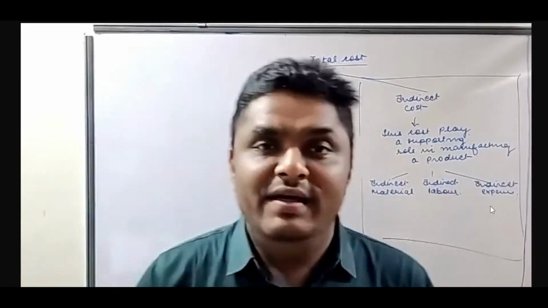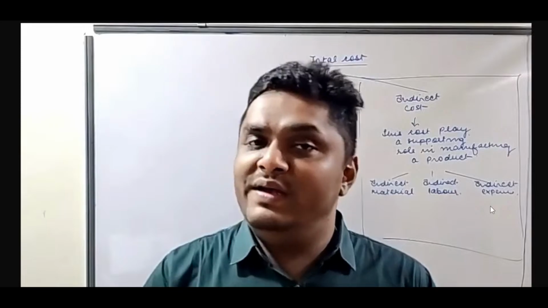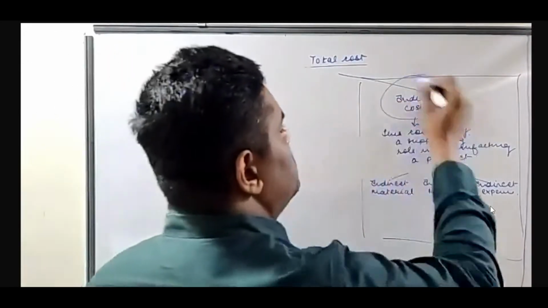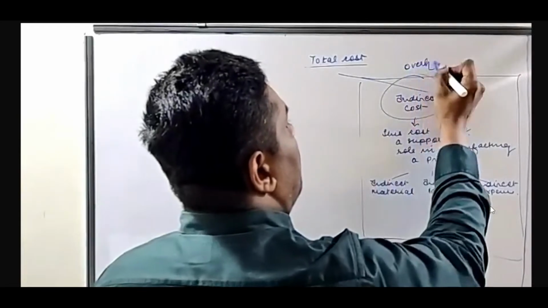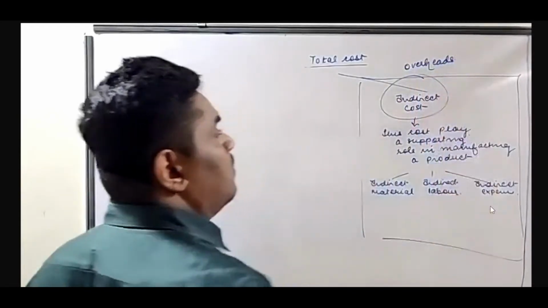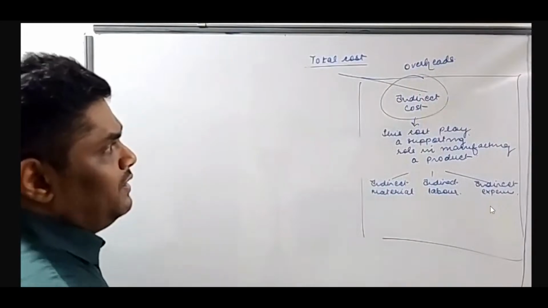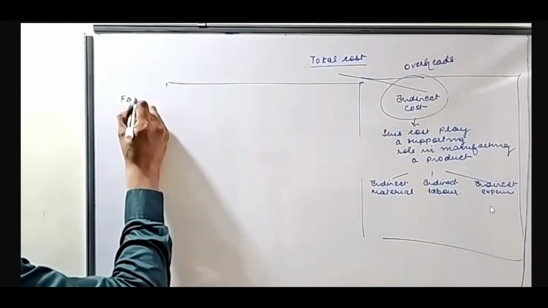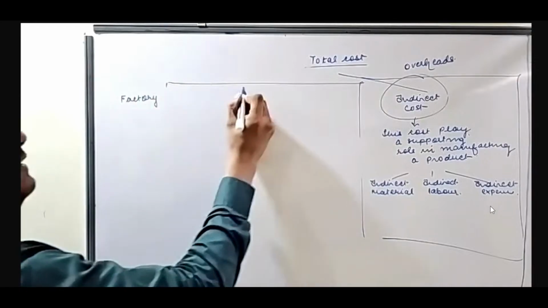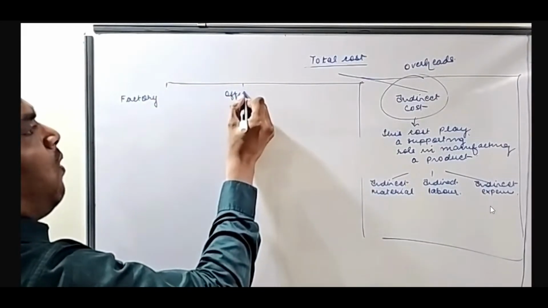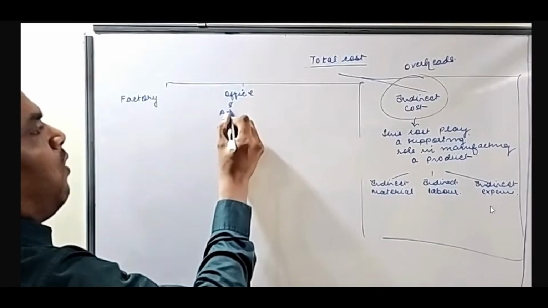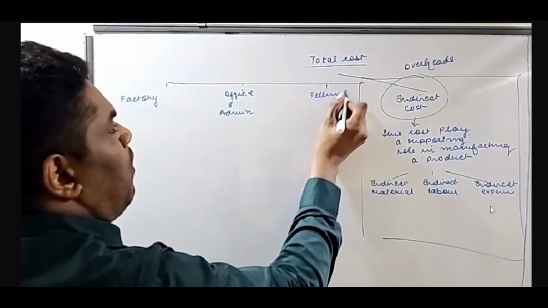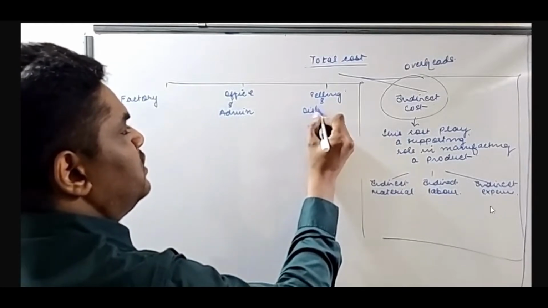As I said, the cost can be classified in two parts: direct and indirect cost. When talking about indirect cost, we call it overheads also. Now, these overheads are incurred at three stages: factory, office and admin, and selling and distribution.